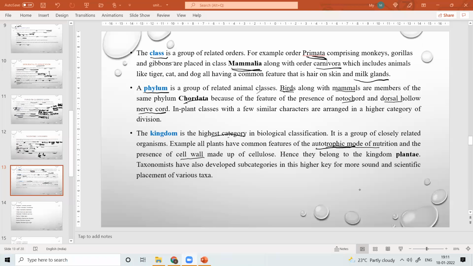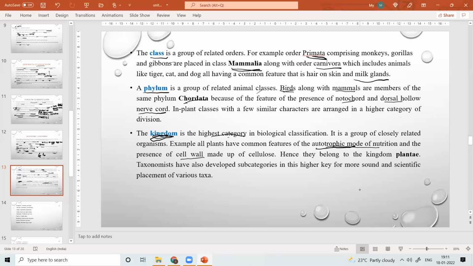So here, kingdom is the highest category in biological classification. This is the topmost category. In a kingdom, it includes a large set of animals or plants having some close relations, like one common feature shared among all participants.